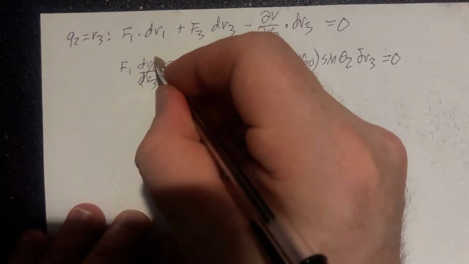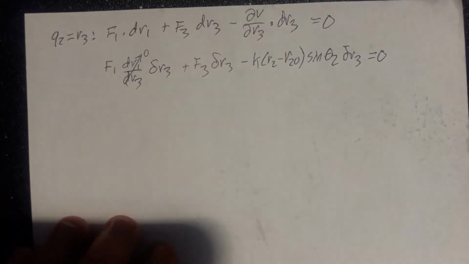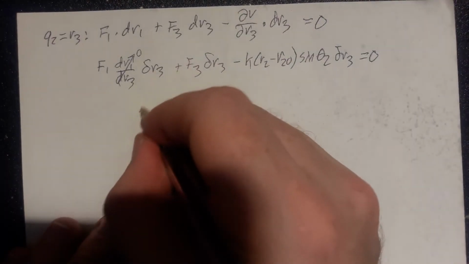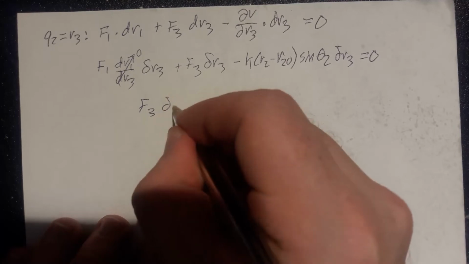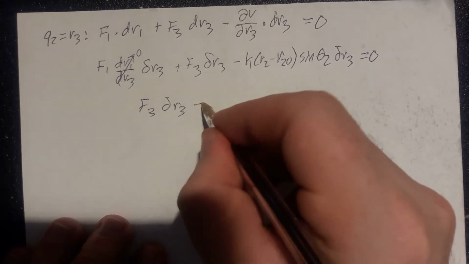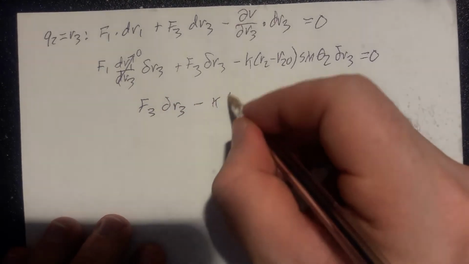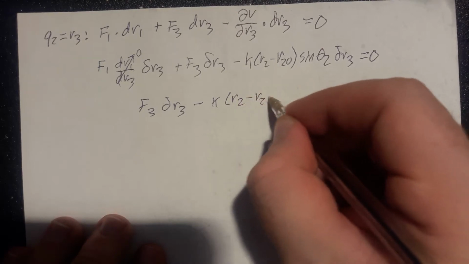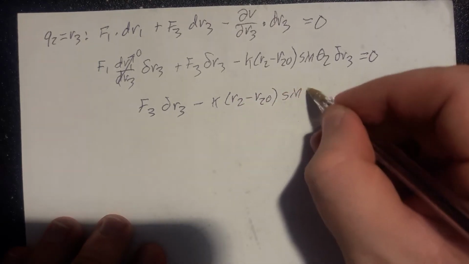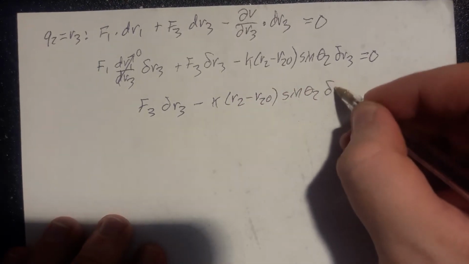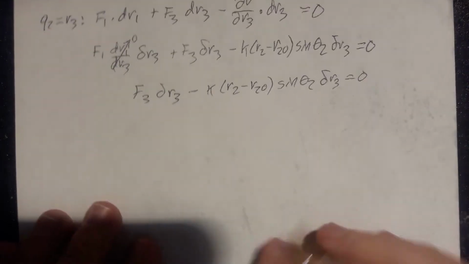Now this term goes to 0 because those two are independent variables, and we're left with F3 dr3 minus k (r2 minus r2 naught) sine theta 2 dr3 equals 0.